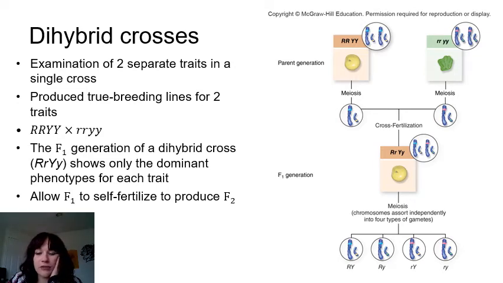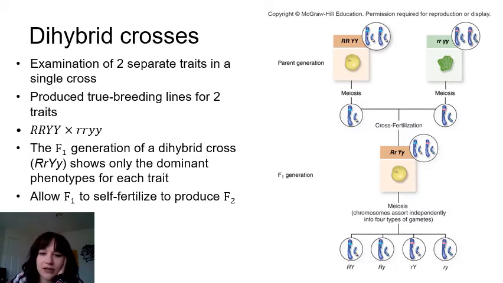And then we have seed texture, round or wrinkled. Round is capital R and wrinkled is lowercase r.